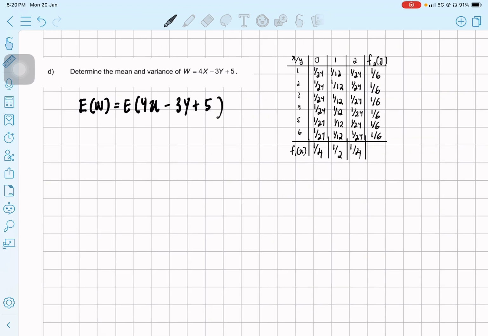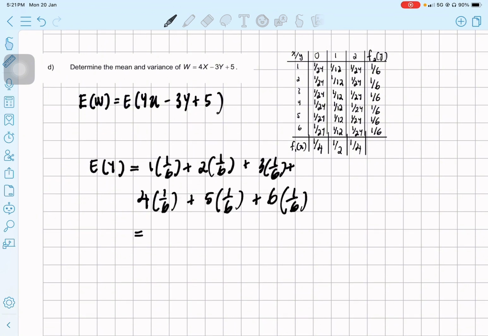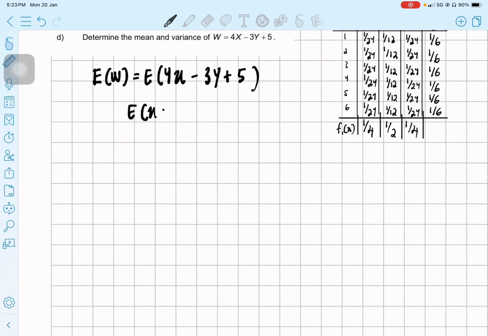Find our mean for Y. The expected value for Y would be 7 over 2. Our expected value for X equals 1, and expected value for Y equals 7 over 2.